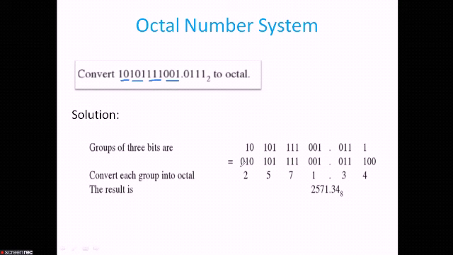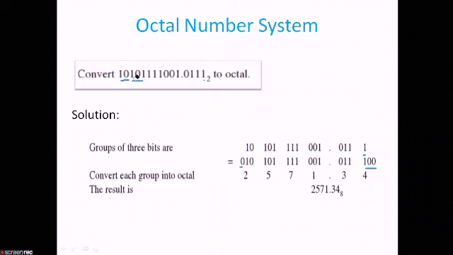Similarly we have added 0 here. This 0 is added to make this 0 1 a 3 bit group. Next, this one is one group consisting of 0 1 1 and another 1 is there. For this one we have added 0 0 here to make this a group of 3 bits.